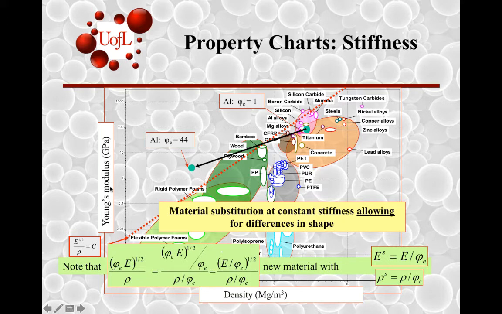So you can use the same plot of E versus rho and divide terms in the y-axis and x-axis by this term phi.